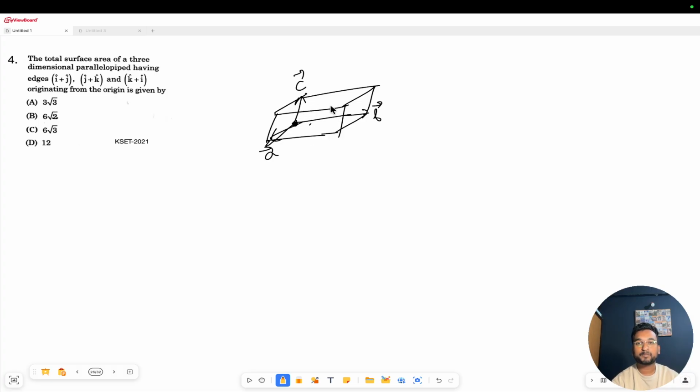And again, B cross C gives the area of the back part, and multiplying by 2 I will get the front part.